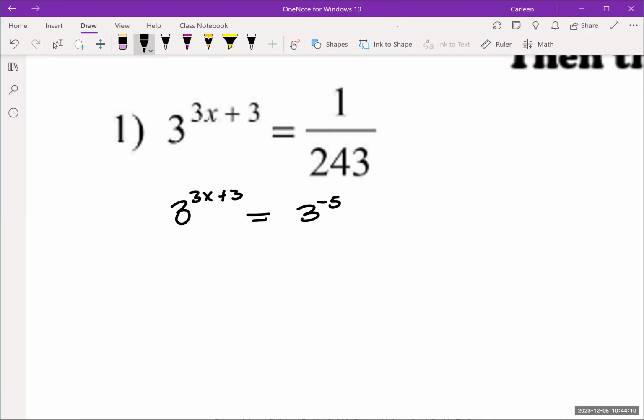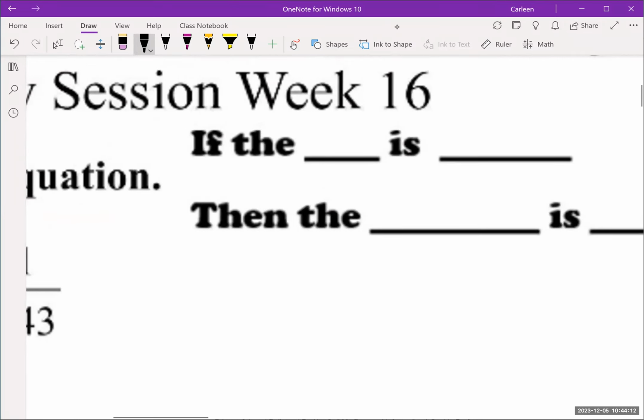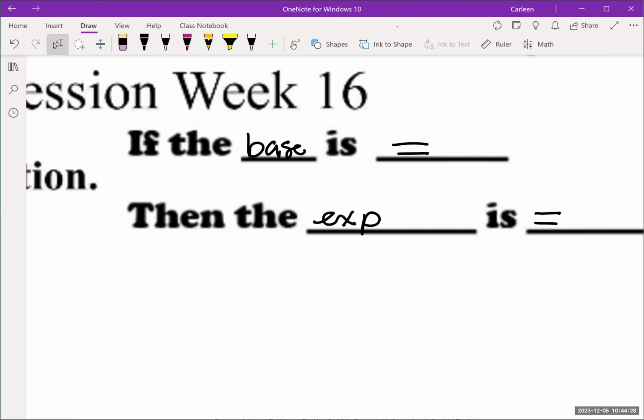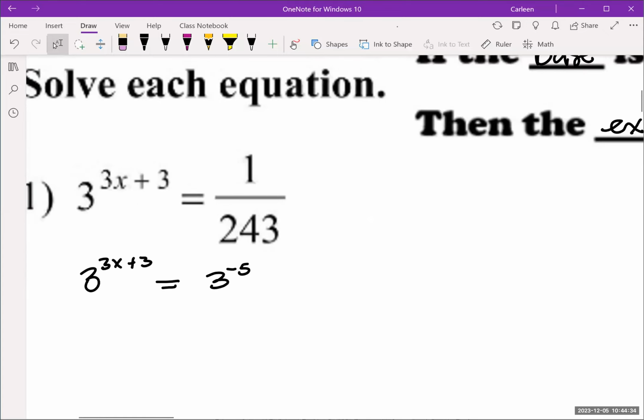And now I know that if the bases are the same, then the exponents are the same.